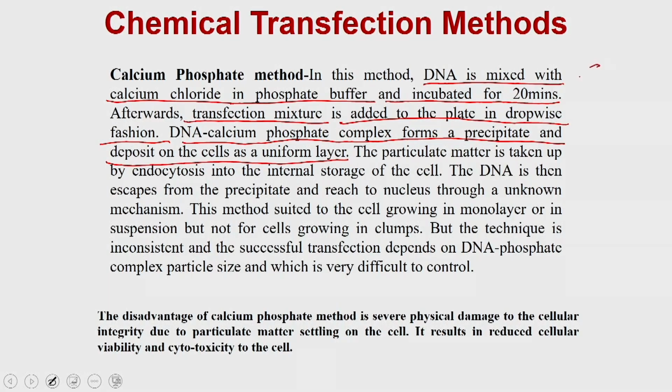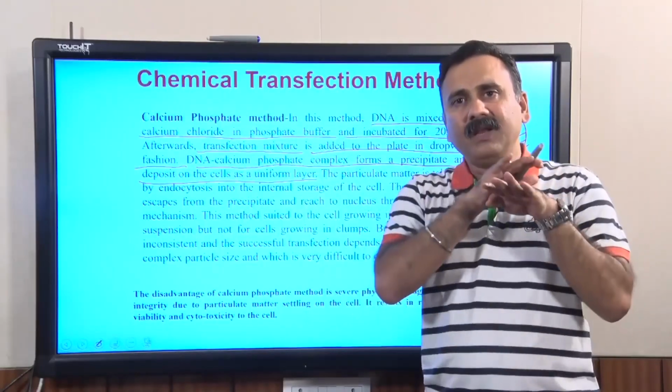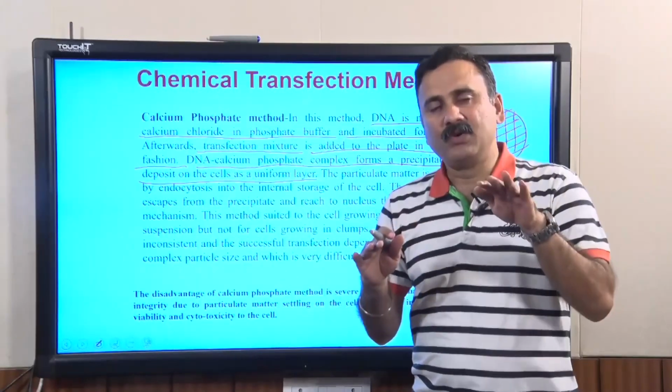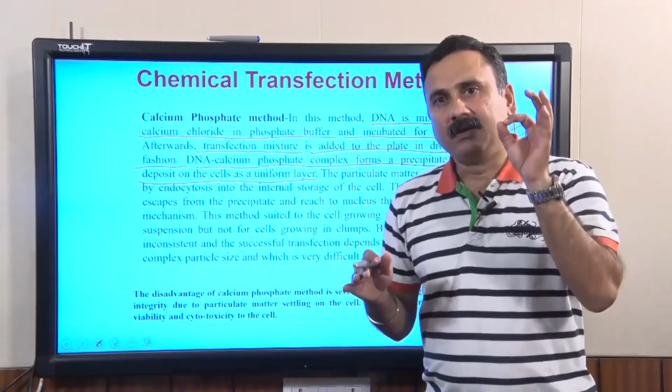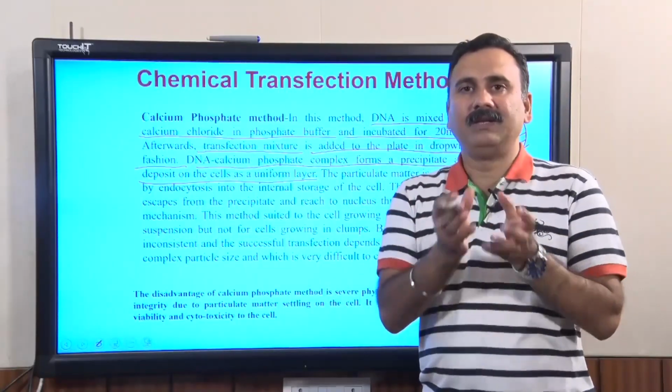It will be like you have the cells on the petri dishes, and it is going to make a cover or curtain kind of situation. If you see these cells under the microscope, you will see that the cells are covered with very fine powder-like structures, and these powders are nothing but the calcium phosphate particles which are already engulfing the DNA.